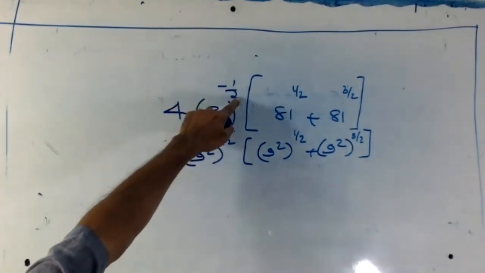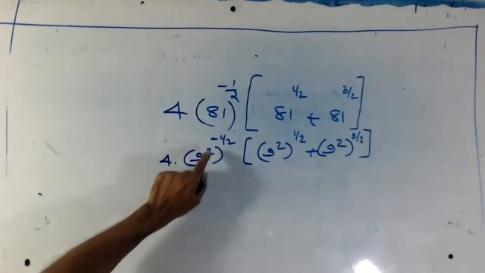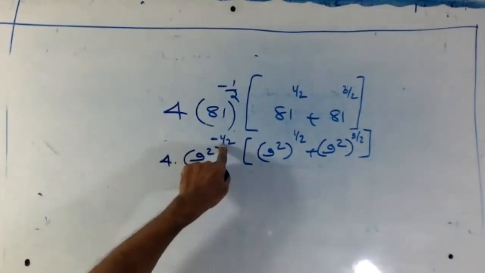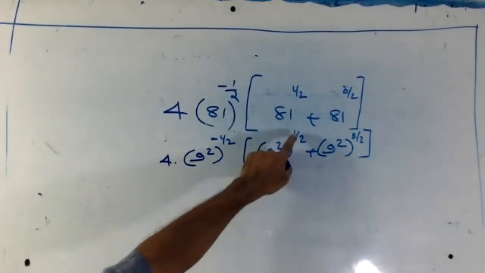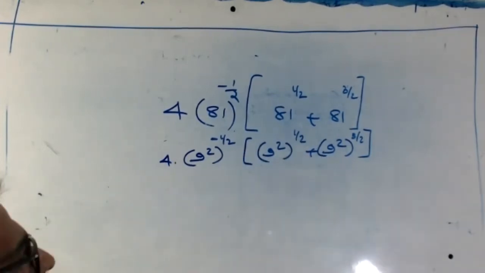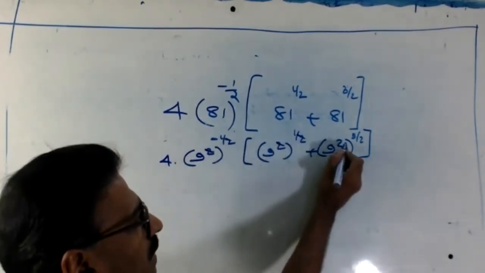81 raised to minus 1 by 2 we can write as (9 square) whole raised to minus 1 by 2. 81 as (9 square) whole raised to 1 by 2. This cancels, this cancels, this cancels.